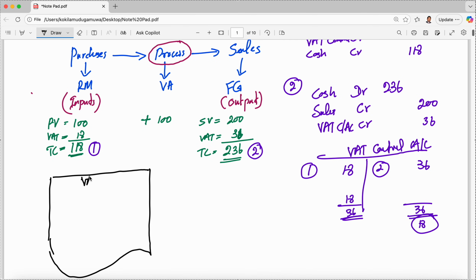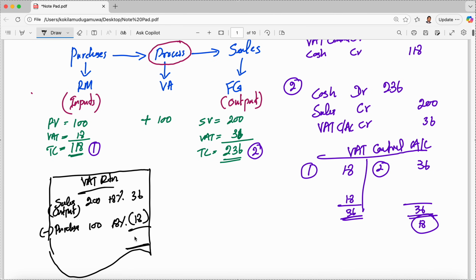So under the VAT return, you will record sales 200, 18%, 36. We call this output tax. Then you can deduct purchases, 100 into 18%, 18.